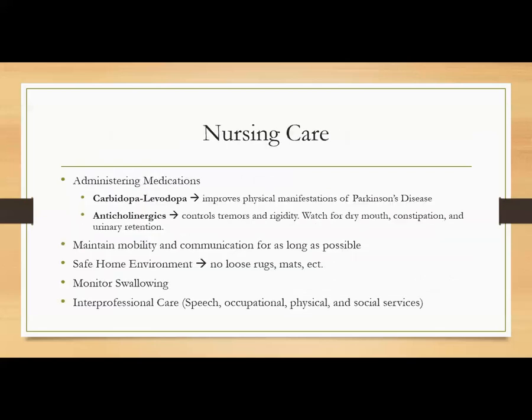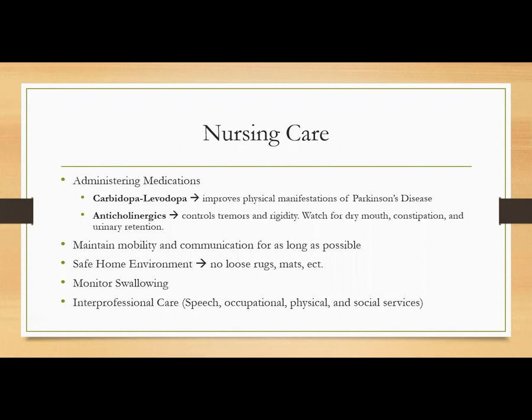So for our nursing care, one of the things is administering medication. One of the medications we use is this combo drug, carbidopa-levodopa. You probably talked about it in pharmacology.